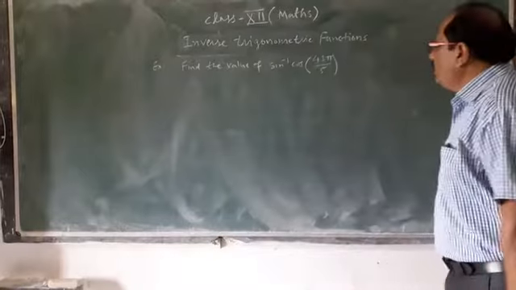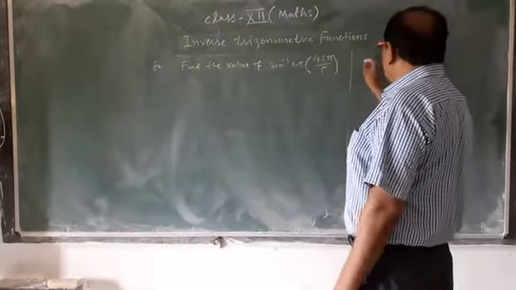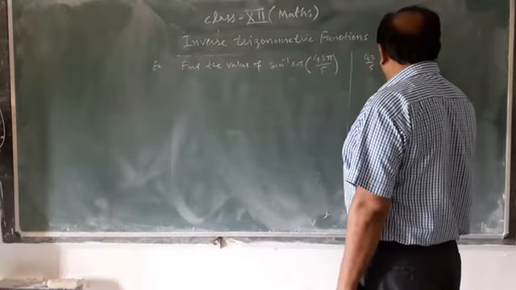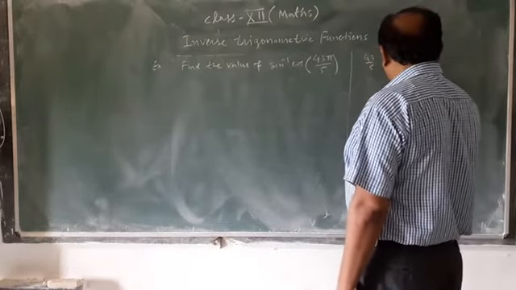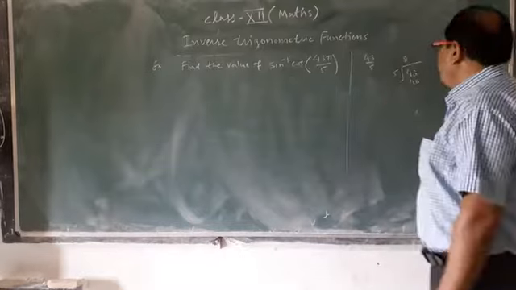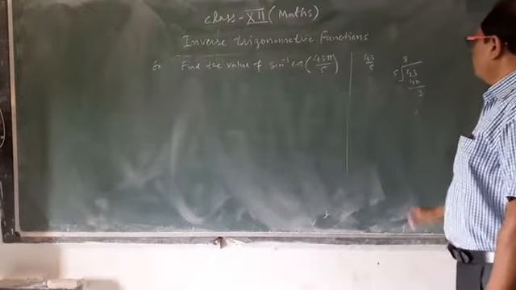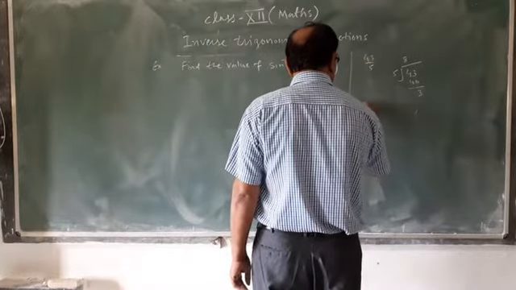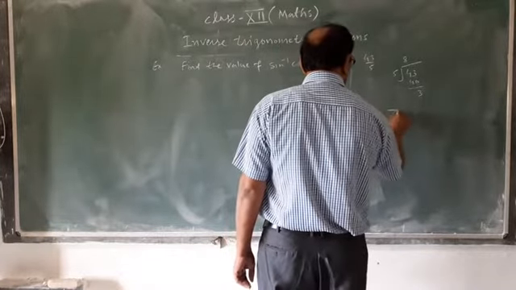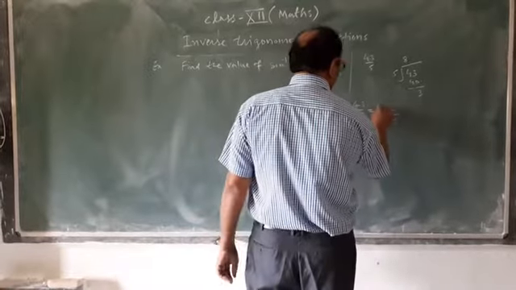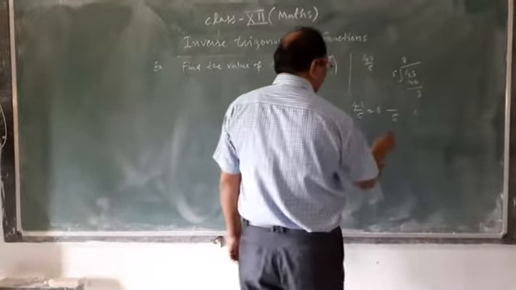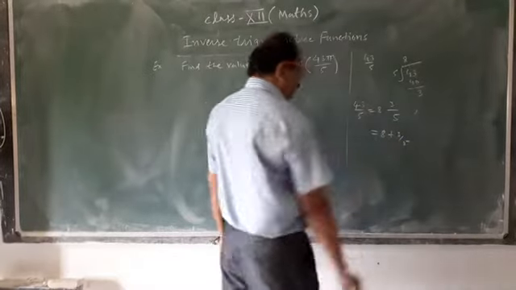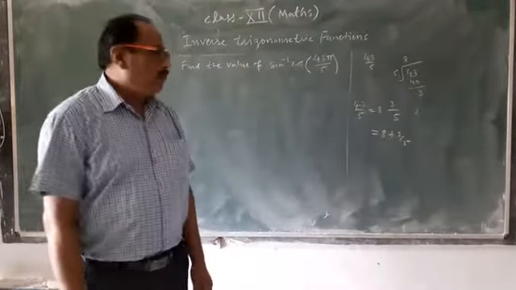That is 43 upon 5. 43 upon 5 means 5 eights are 40, that is 3. We write here 5, here 8. 8 into 5 is 40 plus 3, means 8 plus 3 upon 5.